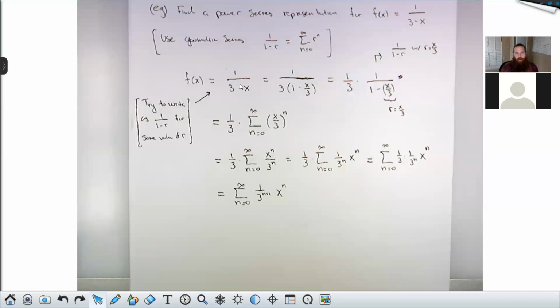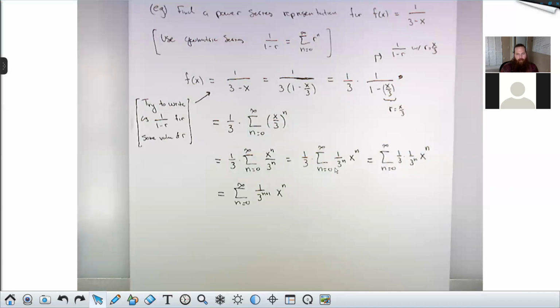Okay then, so we do the algebra to get from here to here. Then I write this piece as this series, bringing the 1/3 along for the ride out front. And then from there, it's the sort of manipulation that we've been doing. I give the power to both the top and the bottom. Then I bring the 1/3 in. So here I gave the power to the top and the bottom.